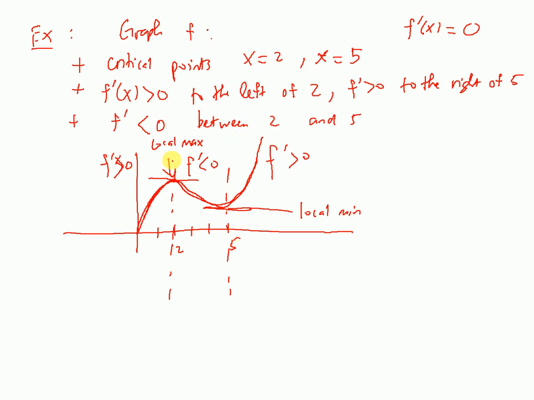Now, there's a warning. Usually we set the first derivative equal to 0 and solve for x to find a critical point, and this point is usually where your function is changing from increasing to decreasing.